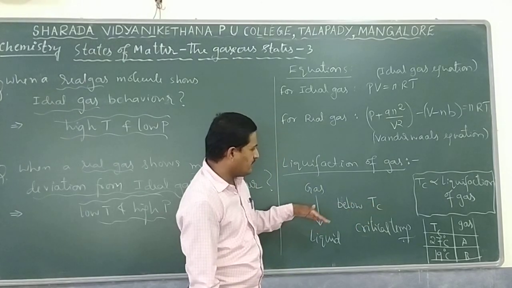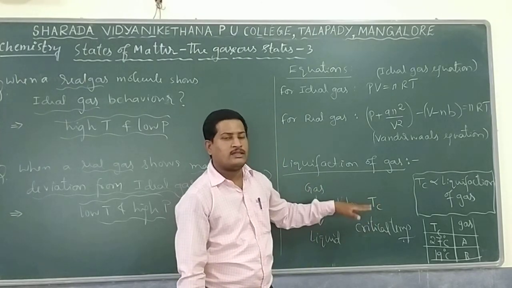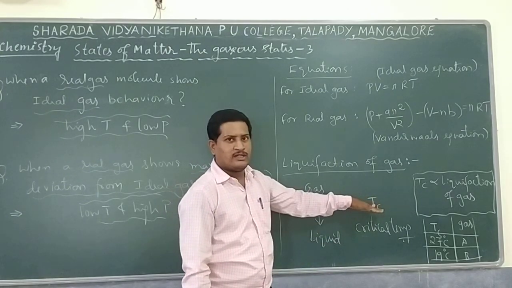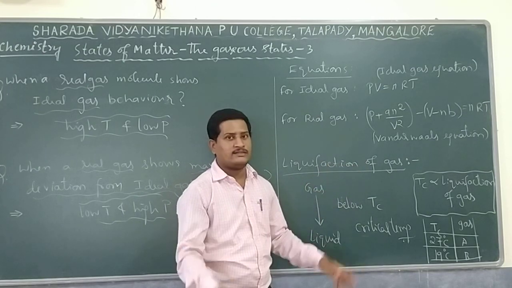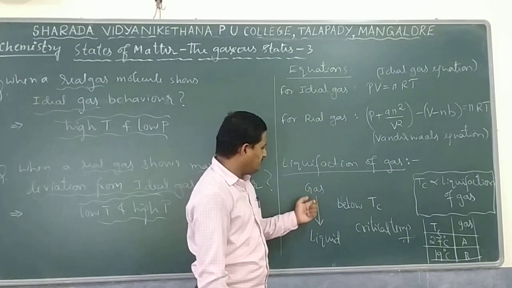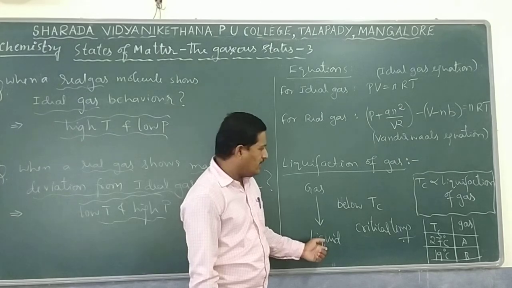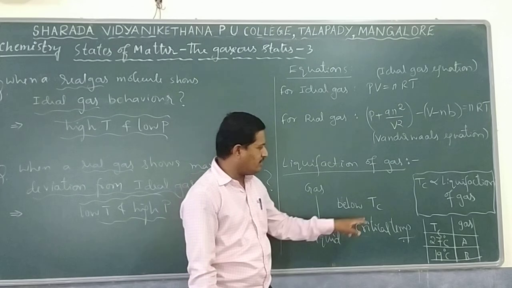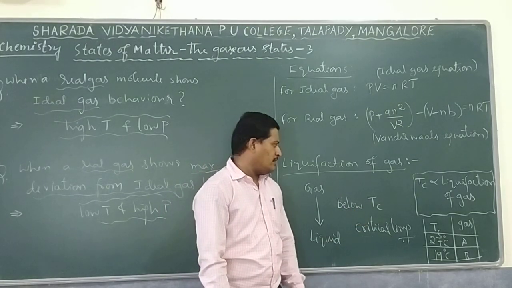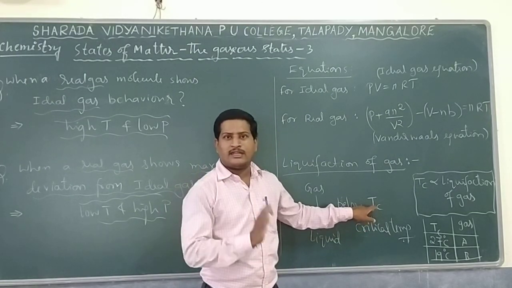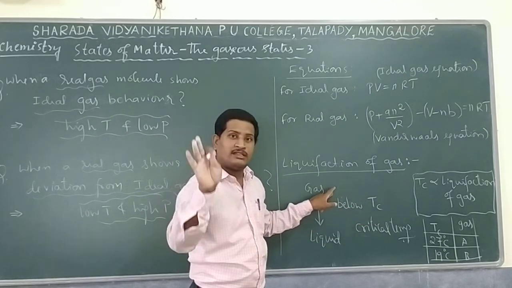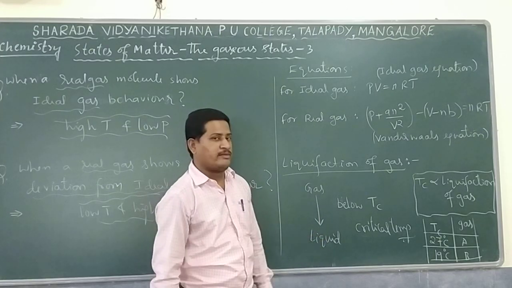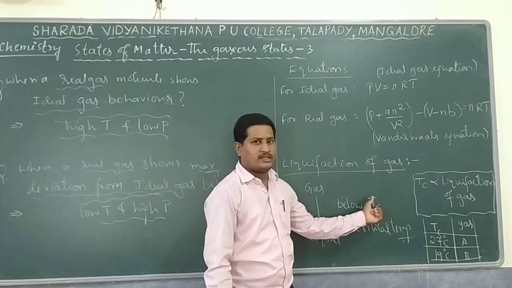If you decrease temperature, from one particular temperature onward the gas molecules start liquid formation, because from that temperature onward the force of attraction increases and repulsion decreases. Thereby gas molecules tend to form a liquid, and that particular temperature where the gas starts liquid formation is the critical temperature. At and above the critical temperature, the gas is always in a gaseous state, but below the critical temperature, the gas starts liquid formation.